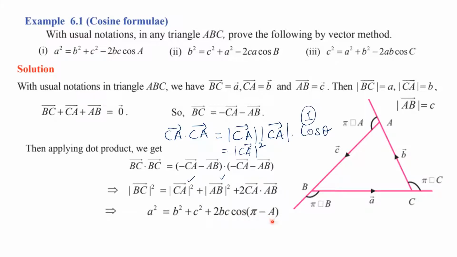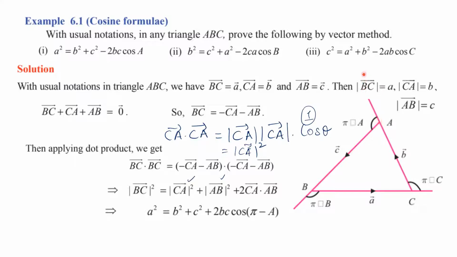Why pi minus a? Because what's the angle between vector CA and vector AB? Now, you have to notice that we don't take this angle, we take the direction. So both the vectors have to be in the same direction.